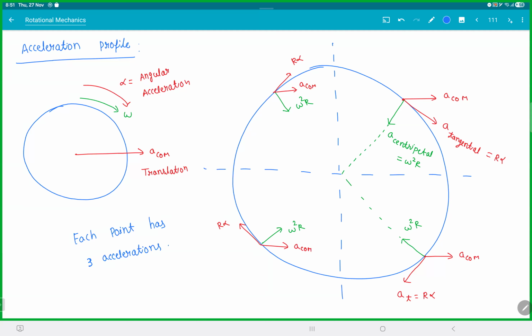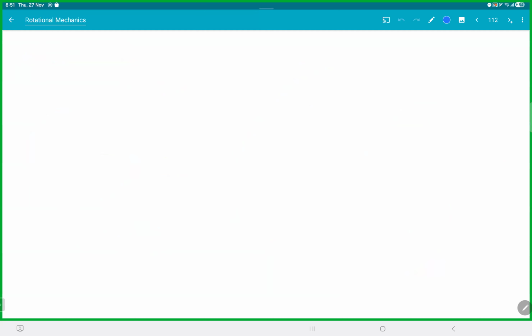Now, what is a no slipping condition? This is the most important thing. So first, let me ask you this: what is no slipping exactly? This is not the first time you have heard this word, in friction. Most people think no slipping means not moving. Not necessary. No slipping means simply the surfaces in contact have zero relative velocity, or they're going together.